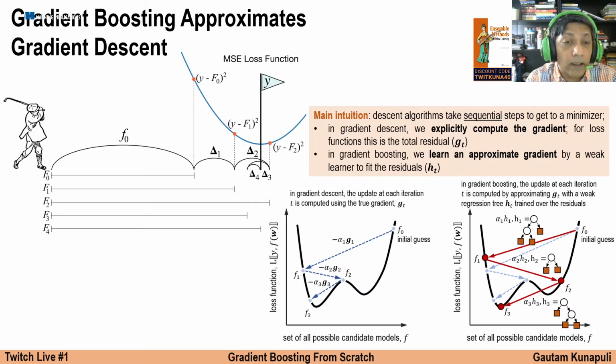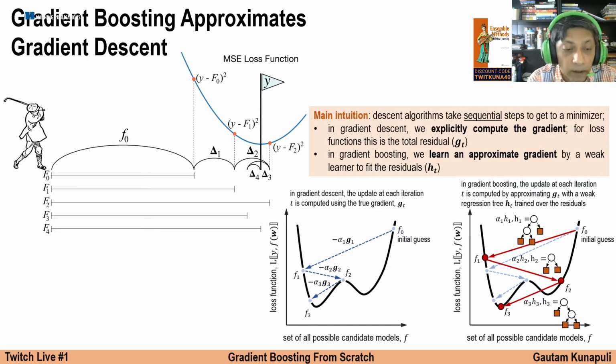The other thing that gradient boosting does is it approximates gradient descent. Now, gradient descent is an example of an optimization algorithm. Basically, anytime you have a loss function in any machine learning problem, you ultimately want to optimize your loss function. And many machine learning algorithms use several different types of optimization algorithms, one of which is gradient descent.